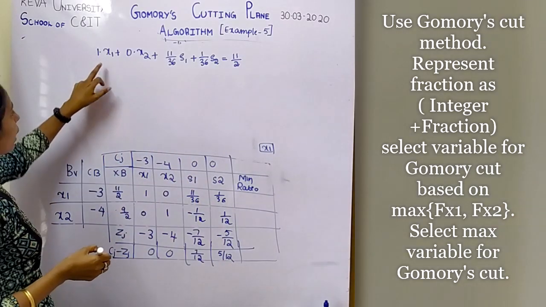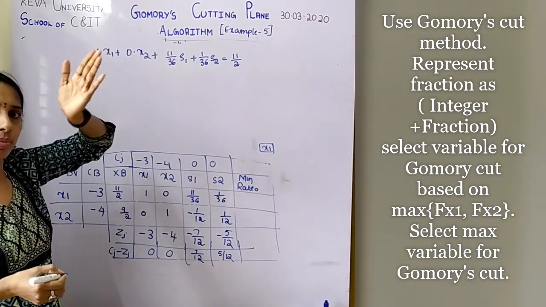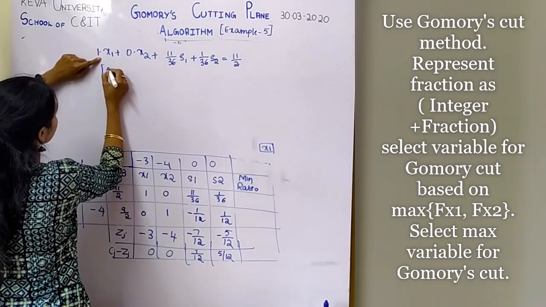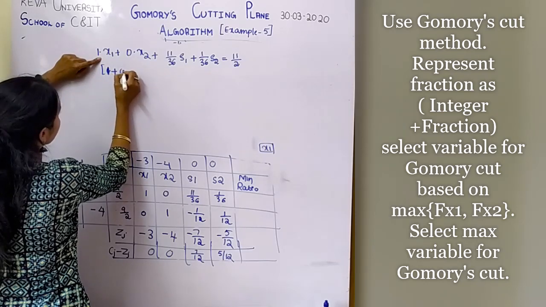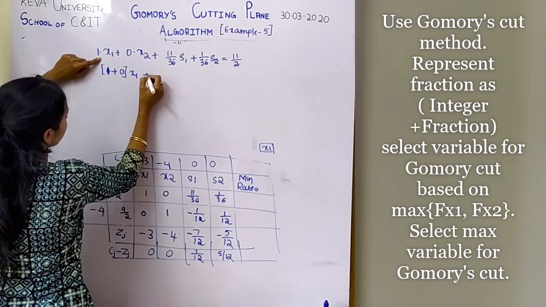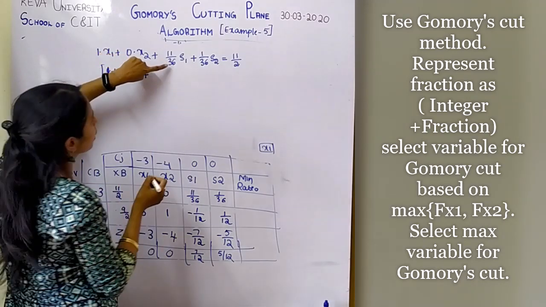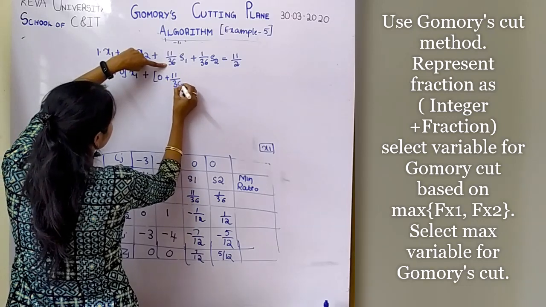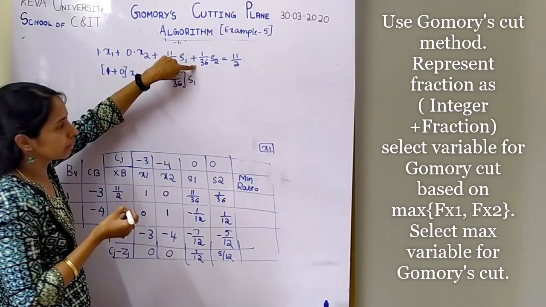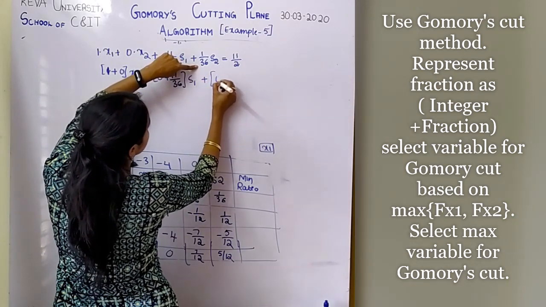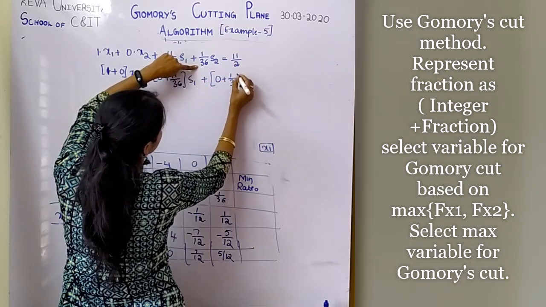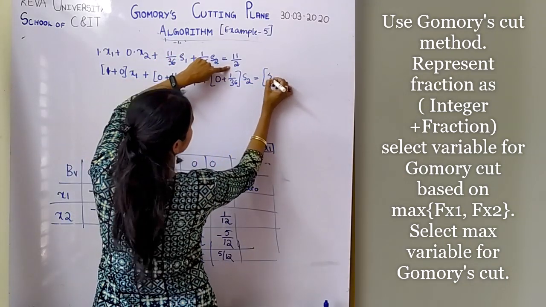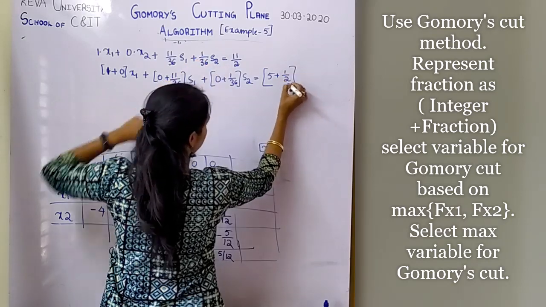Now, again you have to represent this in integer plus fraction. 1 into x1, so I will represent this as 1 plus fraction is 0 into x1, plus 0 plus 11 by 36 into s1, plus 0 plus 1 by 36 into s2, and this is 5 plus 1 by 2.